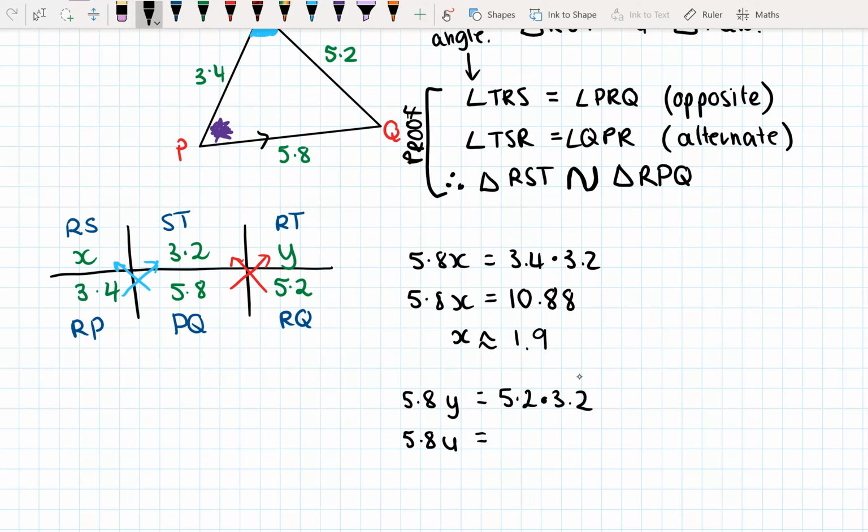So 5.8y is equal to 16.64. y is equal to 16.64 divided by 5.8, and that is 2.9, and that was approximately.